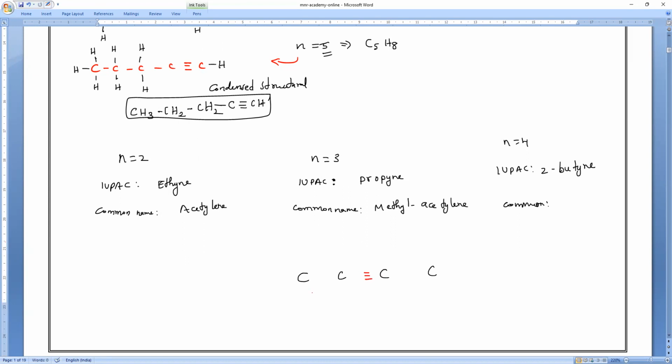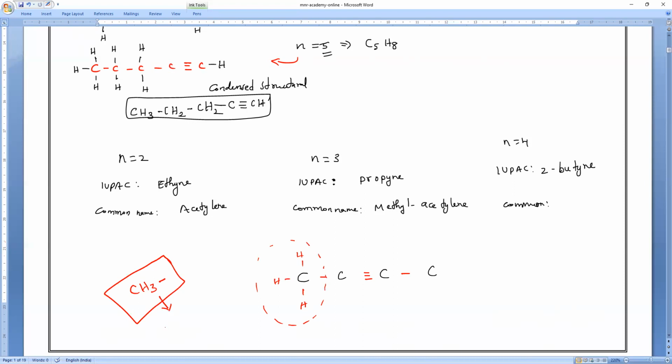Triple bond. Clear? Please respond. And on this side carbon, how many hydrogens will come? 3 hydrogens. So if you notice, this is what group? CH3, with one bond. That is an alkyl group. What is the name of this group?